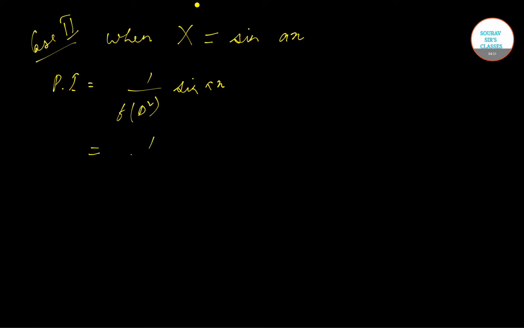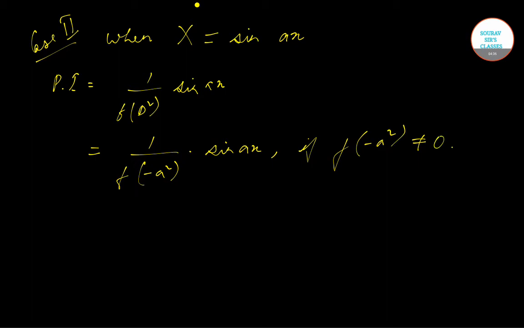This will be equal to 1 by f(-a^2) into sin(ax), if f(-a^2) is not equal to 0.